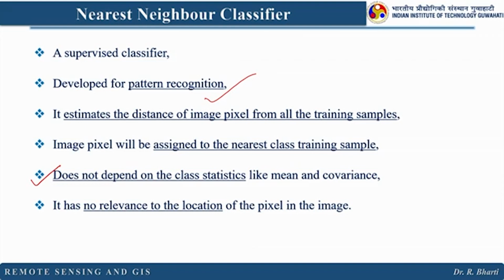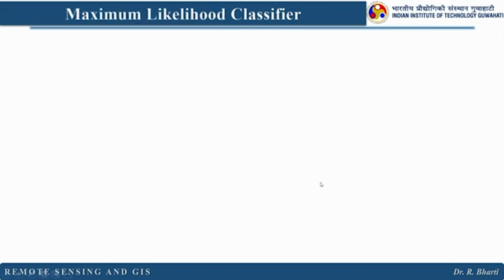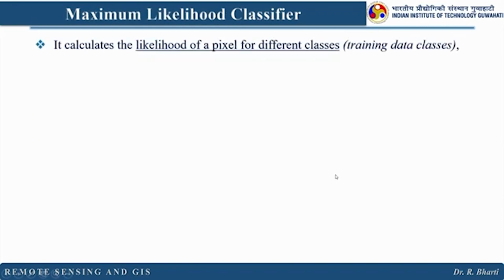Then the next classifier is maximum likelihood classifier. Here we calculate the likelihood of a pixel for different classes, and here different classes means training data classes. So, if you have been given 4 or 5 classes, then you have to have the probability of assigning this pixel into all those 4 to 5 classes.